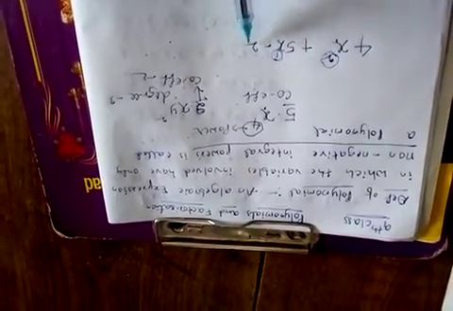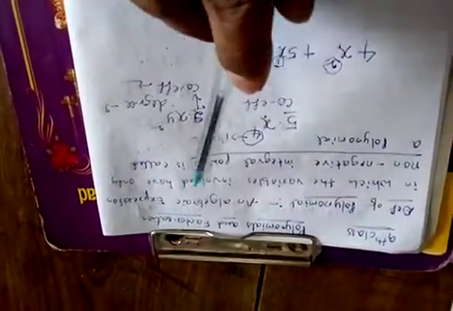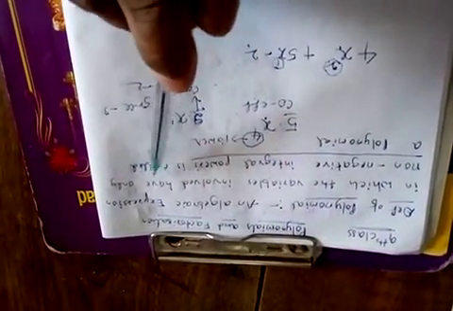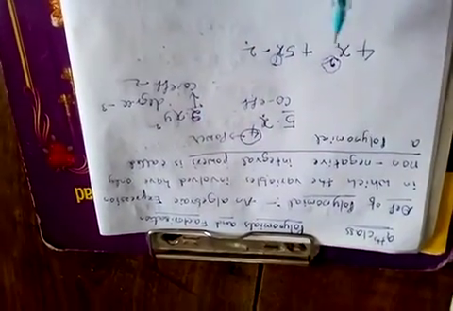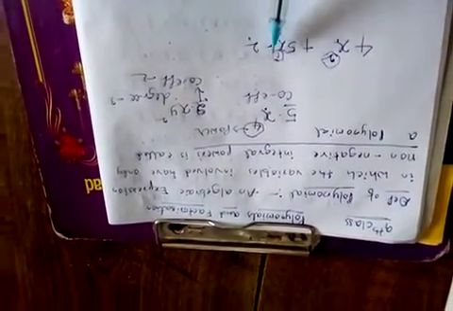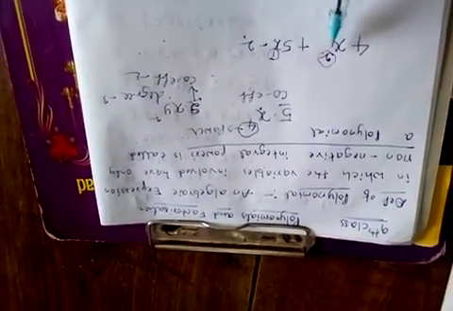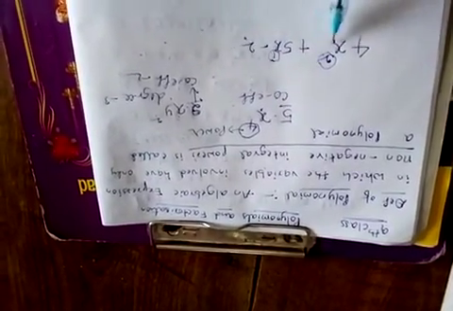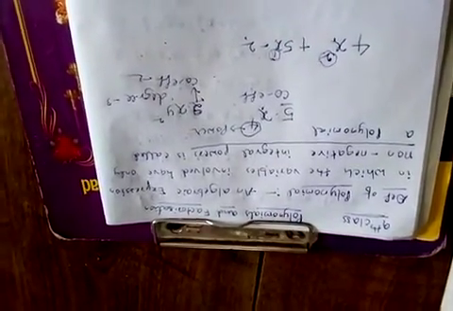The constant's degree is 0. So you must verify the variables involved have only non-negative integral powers. Here in this expression the variable powers are non-negative integers, so it is a polynomial.